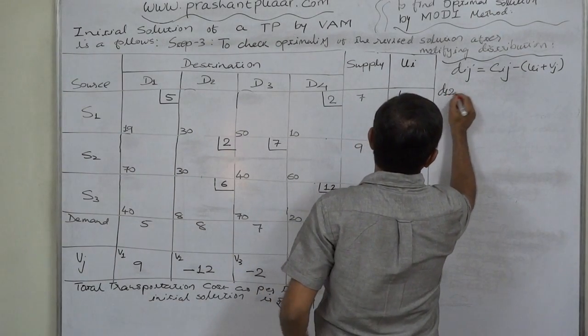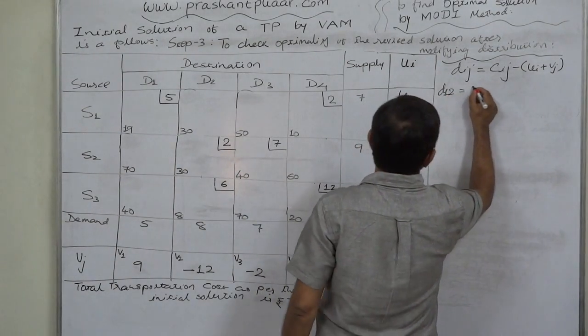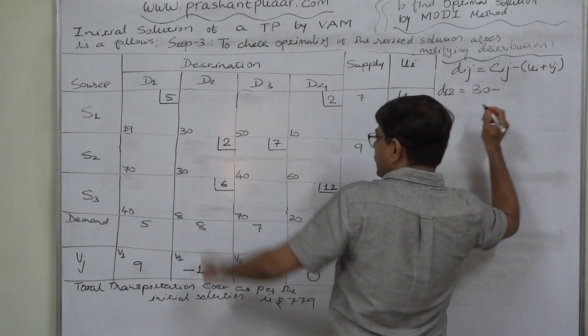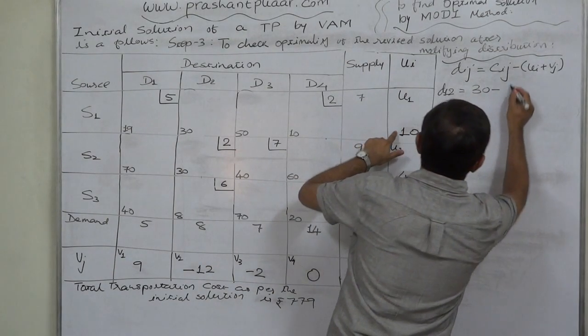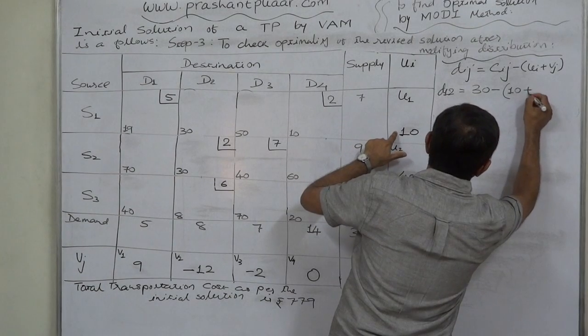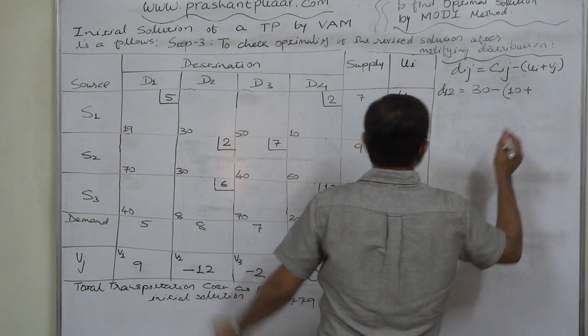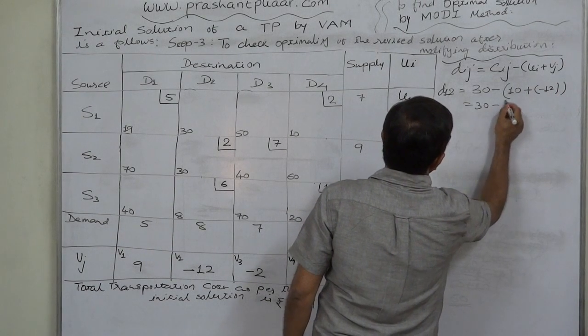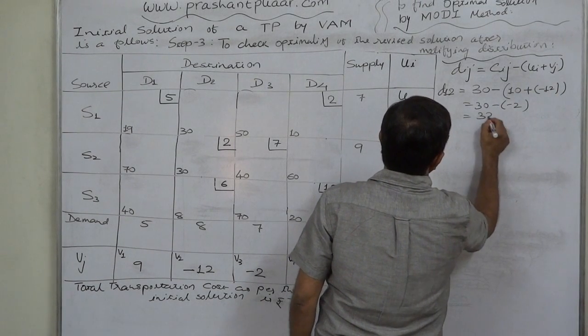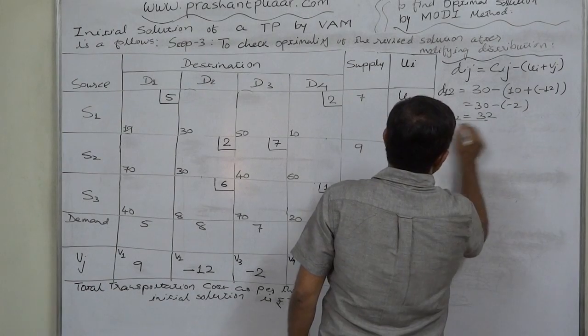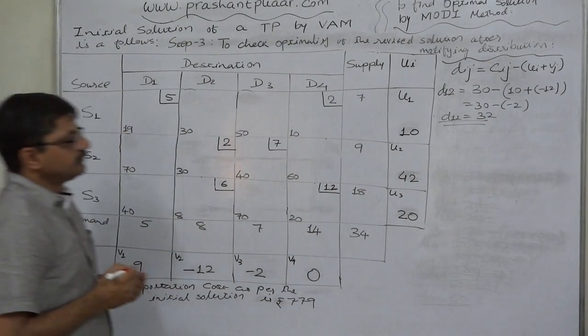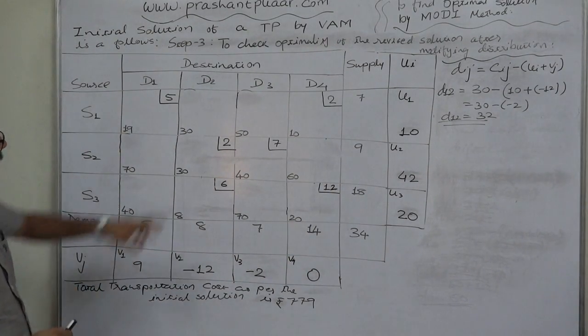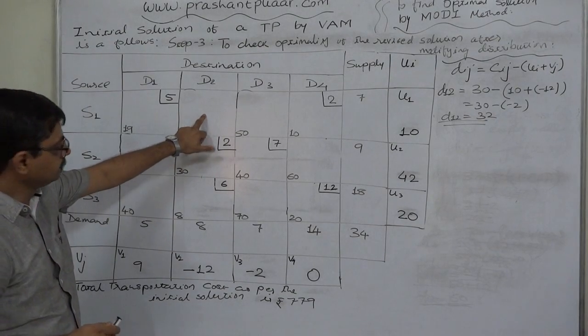Let us calculate D12. The relevant C is 30. Minus sign according to formula. Relevant U is 10. Plus sign according to formula. Relevant V is minus 12. So it is 30 minus minus 2. It is 32. More precisely, the opportunity cost for cell 1, 2 is positive.